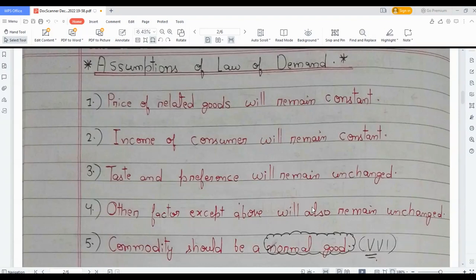All the other factors except the three I have discussed will also remain unchanged. The commodity should be a normal commodity. It should not be an inferior commodity. Then this law of demand will not be applicable at all. We will see the exceptions in this chapter only.